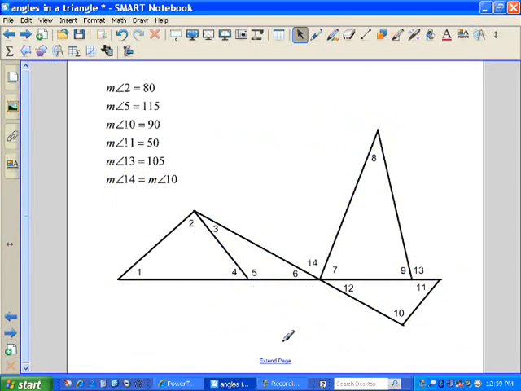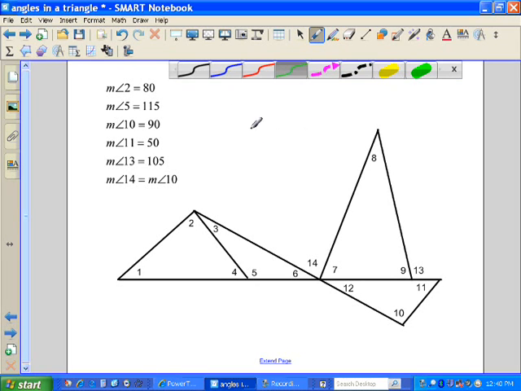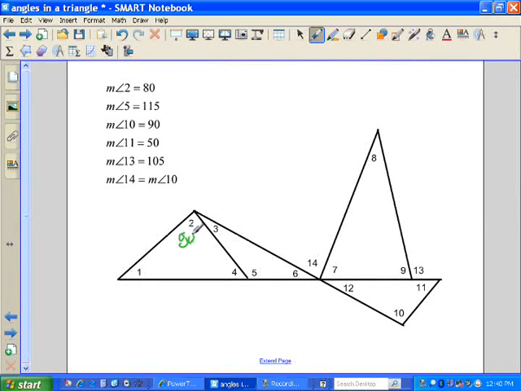So what does this look like as we're trying to solve problems? The sort of things that you're going to be doing with this particular piece. You're going to be given problems like this, and I'll be honest with you, there's a problem that looks something like this on the final exam, so you might want to get to the place where you have it. You're going to be given some angle measurements, and you need to figure out the rest of them. So angle 2 is 80 degrees.